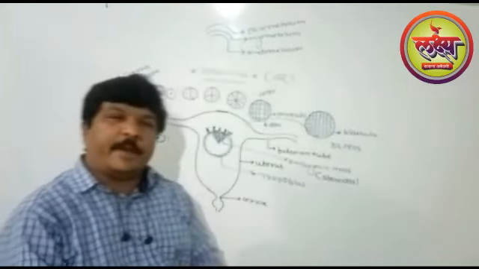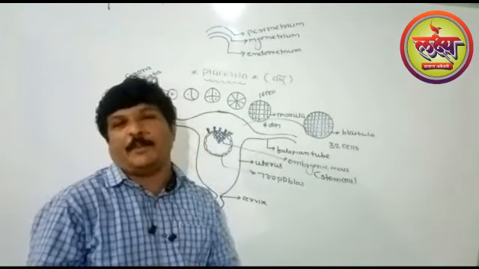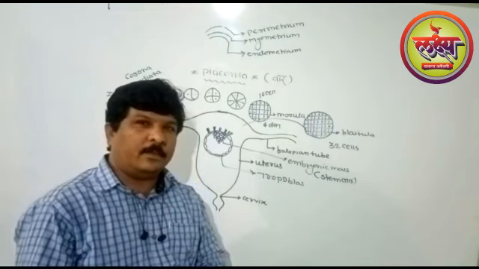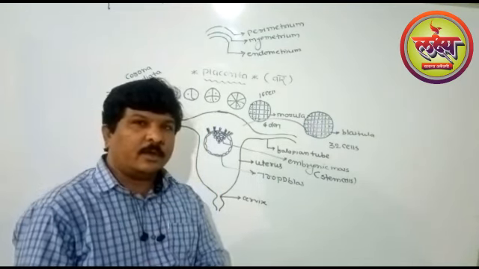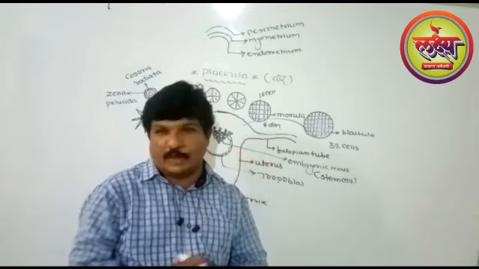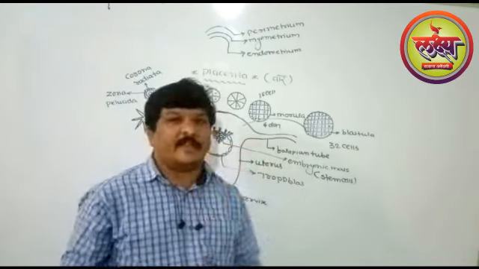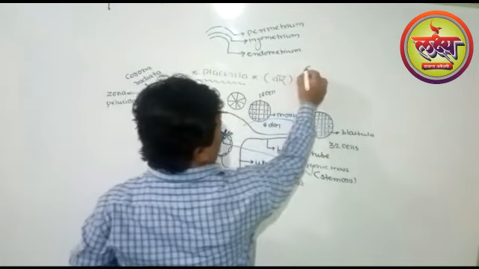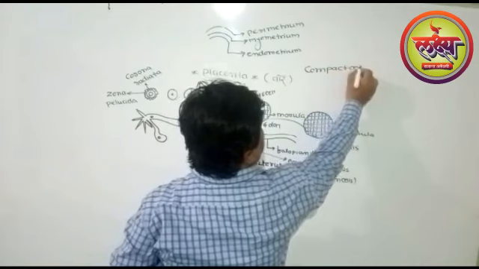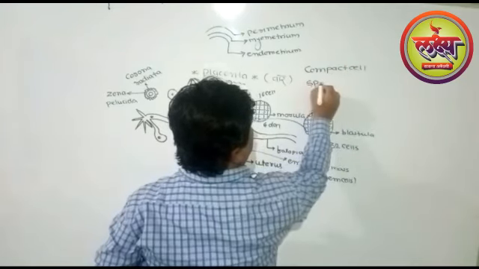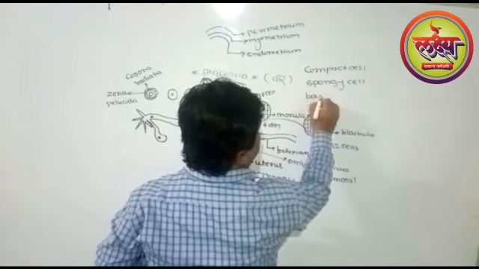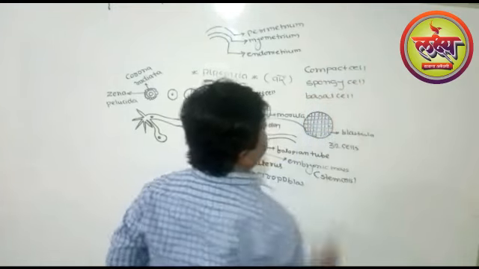This endometrium has three different types of cells: first the compact cell, second the spongy cell, and third the basal cell.